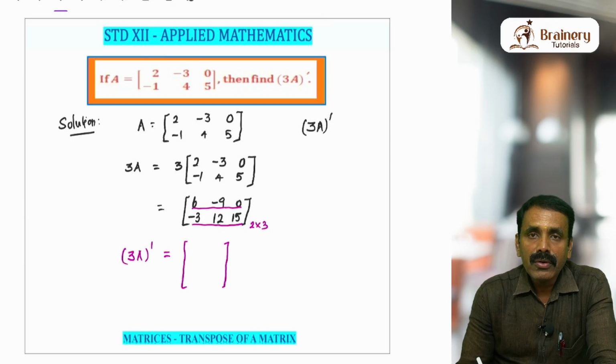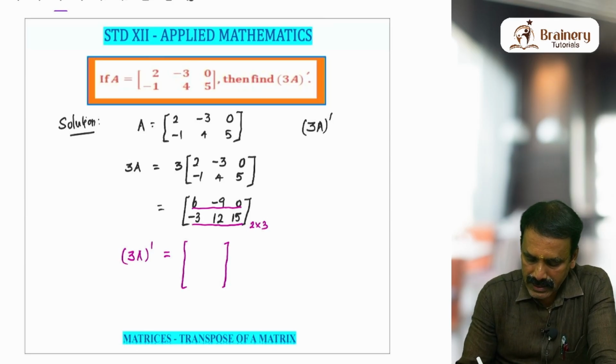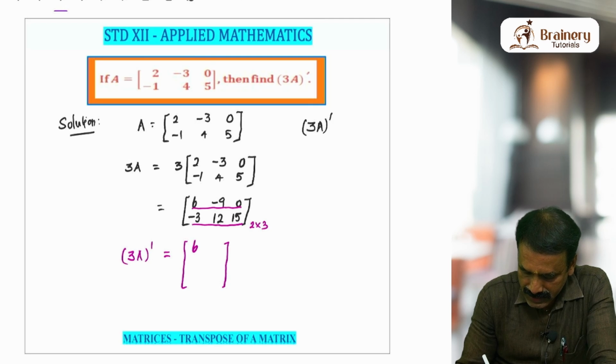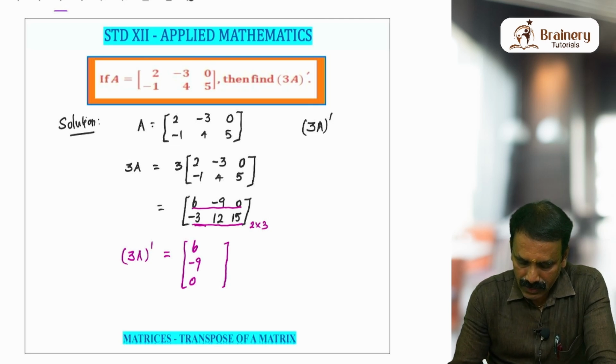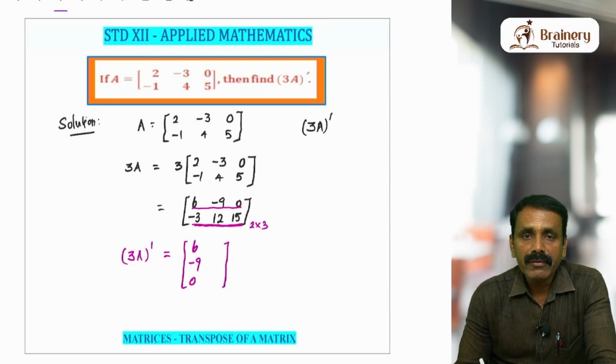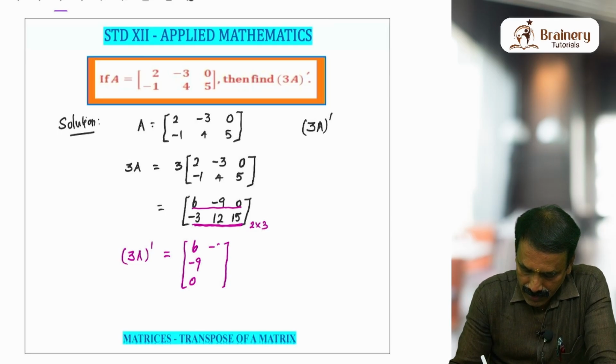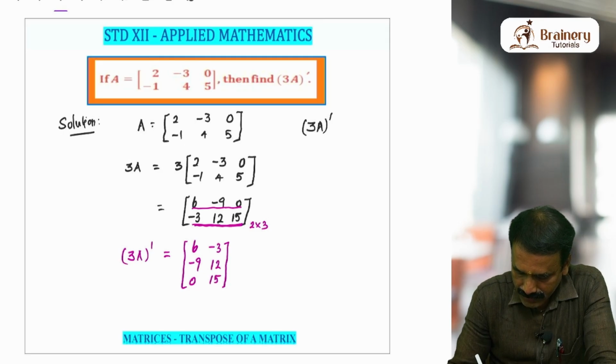The first row will be converted to the first column, so 6 minus 9 0 is written in the first column. The second row, minus 3 12 15, will be rewritten as the second column, that is minus 3 12 15. It is 3 by 2.